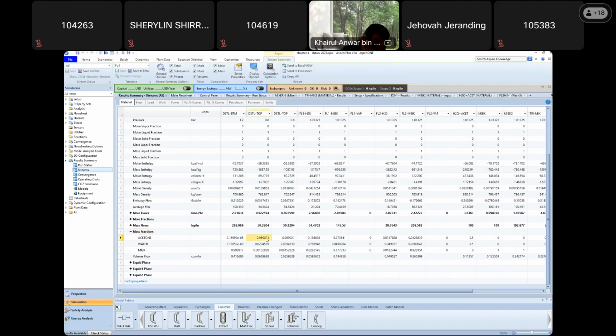So now the fraction of acetone at the top is 96%, only 97%, while MIBK bottom is 1%, very, very close now compared to the previous DISTW.